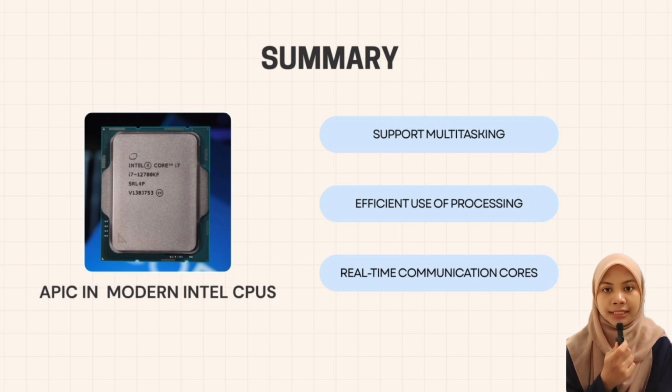It supports multitasking, real-time communication between cores, and efficient use of processing power. By embedding APIC within each core, Intel ensures that its processors are prepared for the demands of modern computing, from gaming and content creation to enterprise level workloads and beyond.